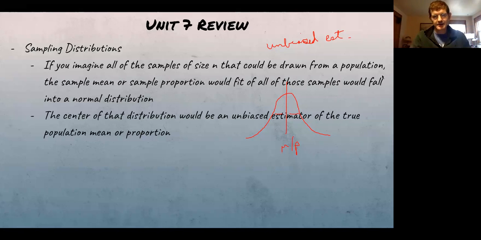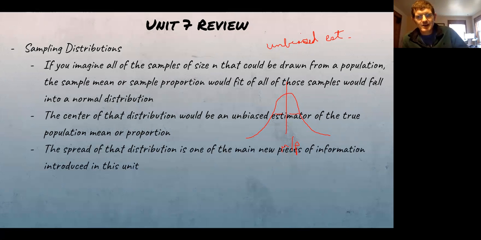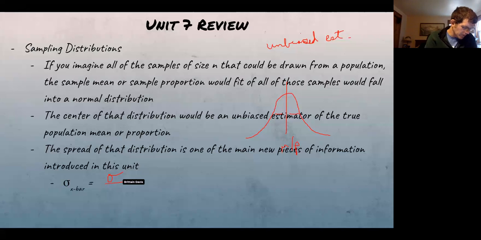So I did already talk about that. The spread is one of the main new pieces of information, and that is what we carried forward. So the standard deviation for X bar, which would be a sampling distribution of sample means, is going to be the true population standard deviation divided by the square root of n. And that hopefully looks familiar to you.